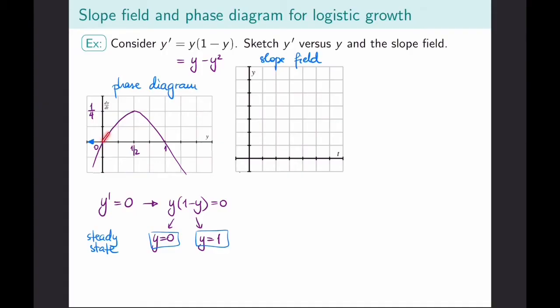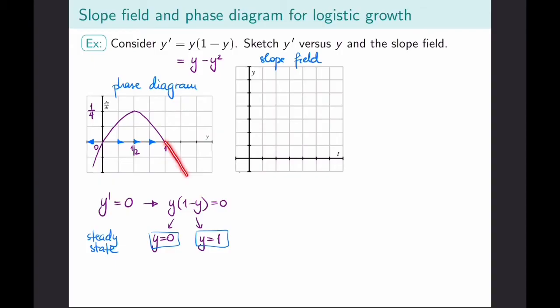When the graph is above the x-axis, which happens to be on this entire region here, that means that the derivative, which is our vertical component here, is positive. All of these have a positive derivative, which means that the solution is increasing and the arrows have to be pointing to the right. Now you can draw as many arrows as you're comfortable drawing. 1 or 2 usually should do the trick per interval.